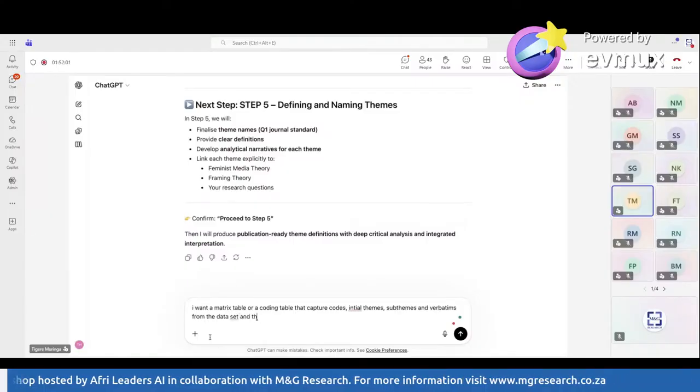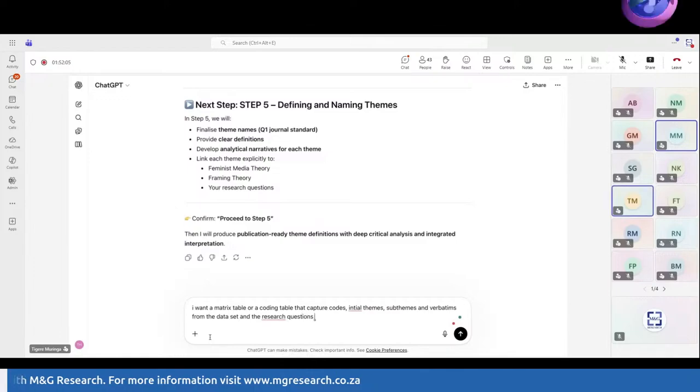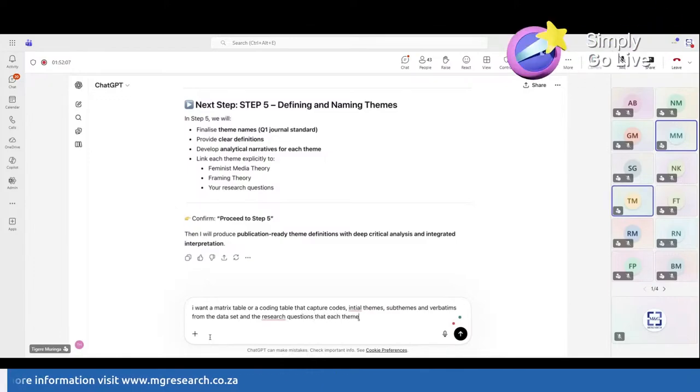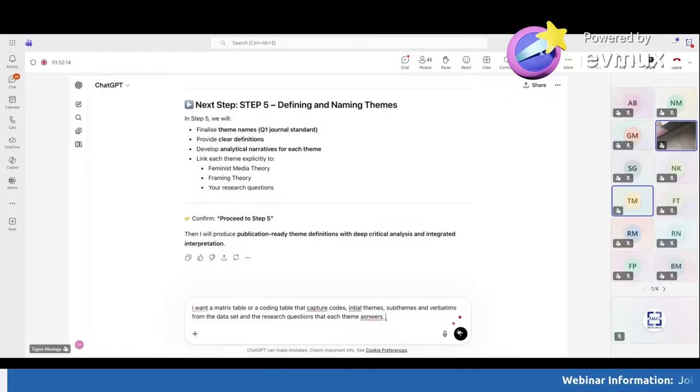And the research question that each theme answers, in the form of a matrix table.